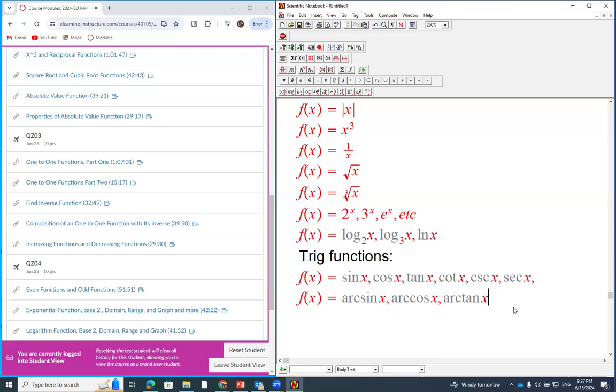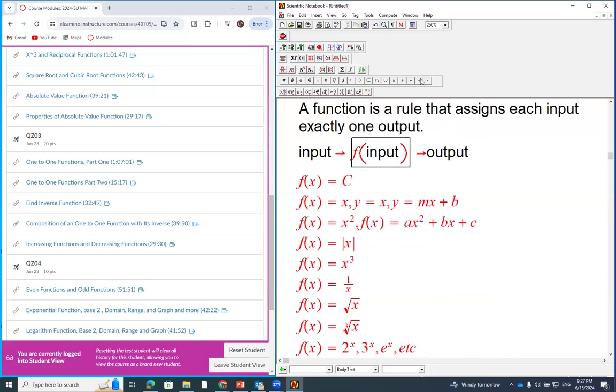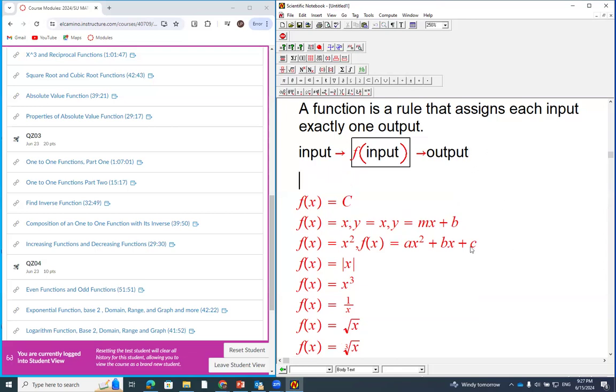And what else about these functions? We now know the rules. After we study the rules, how they're defined, and what kind of input they take, we study the domain and range of these functions. The domain is all possible input, and the range is all possible output.